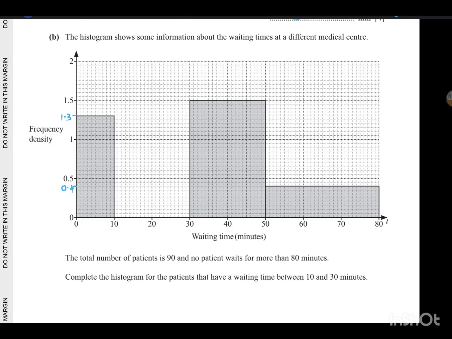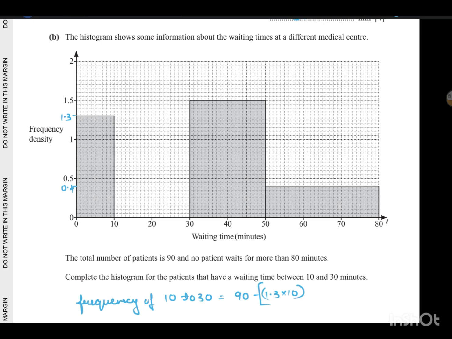Now the total number of patients is 90, so from 90 we will subtract the sum of all these frequencies to get the frequency of the class 10 to 30.